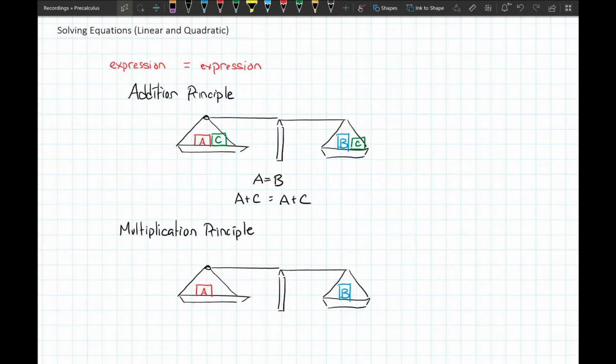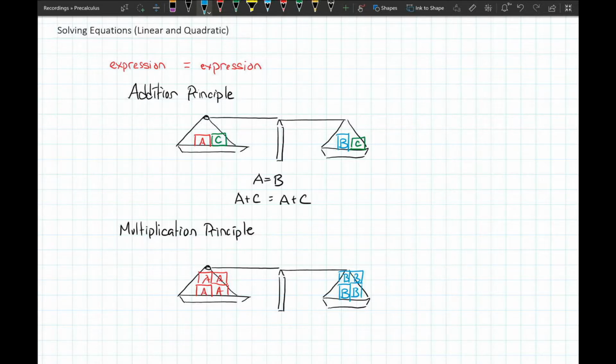Now the multiplication principle works the same sort of way, except that rather than adding any value we like to both sides of the set of scales, if we know that A and B have equivalent weights, then we can take 4 of those A's. That would be 4 times the weight on one side, and we know that's going to balance with 4 B's on the other side, 4 times the weight over there as well. Then the scales still remain balanced. We could take 5 A's and 5 B's, or 20 A's and 20 B's.